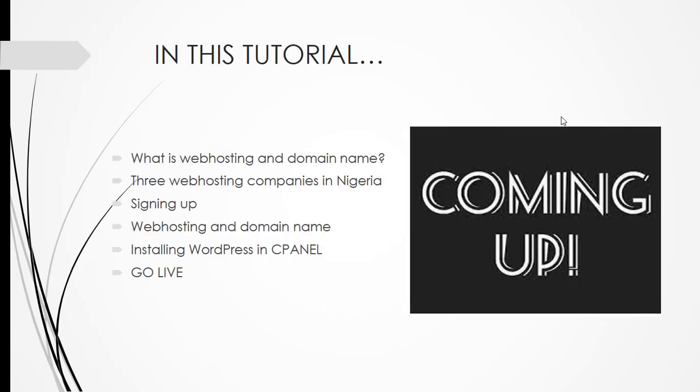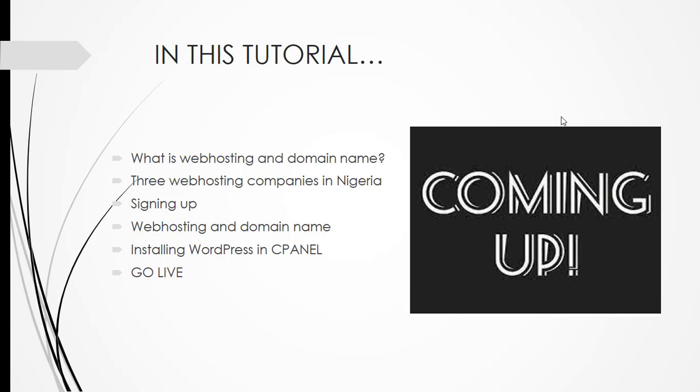So in this tutorial you'll be looking at what is web hosting and domain name. I'll just briefly explain what it means. Then we'll look at three web hosting companies in Nigeria, the three that I have used over the years and I don't have any reason to complain. I'm going to show you these three web hosting companies.